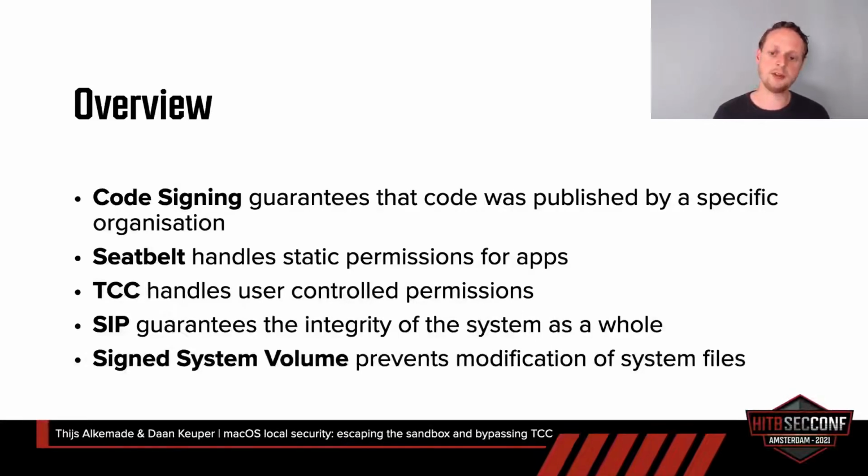And TCC handles user control permissions like camera access, screen recording access, etc. Those are dynamic. SIP guarantees the integrity of a system as a whole, so that you cannot change certain key parts of the operating system. And the signed system volume prevents modification of system files and makes sure that every reboot it is in a known good state.